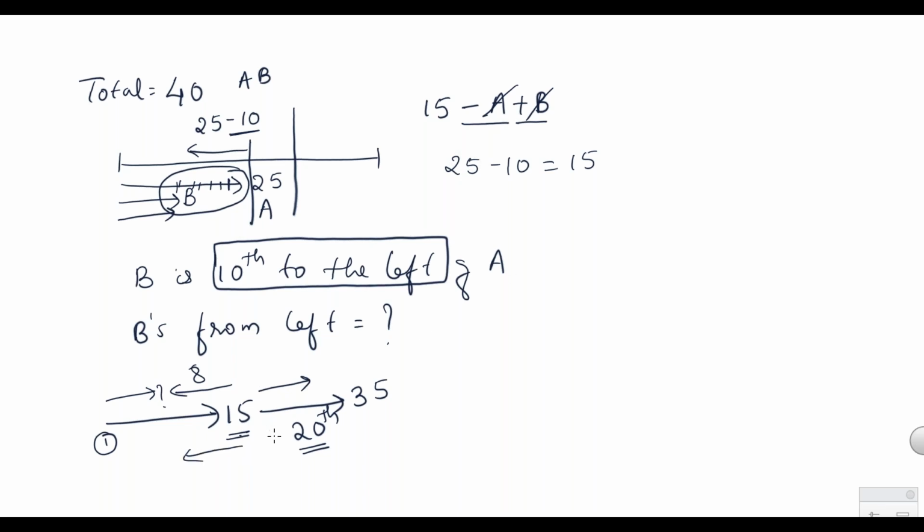That is 15 plus n if you're increasing, 15 minus n if you're decreasing. So same thing here, out of 25 you are subtracting 10, so you will get only 15. Clear, right?